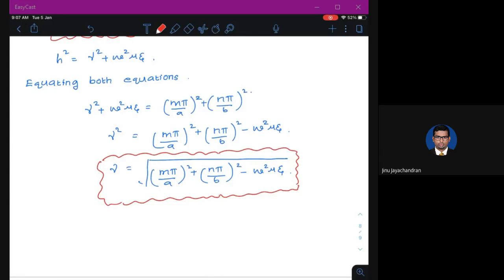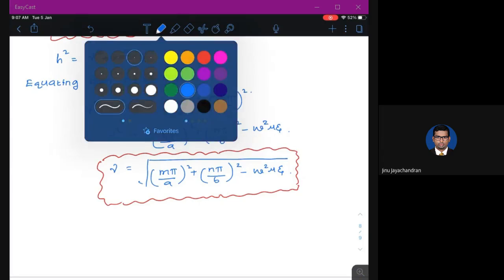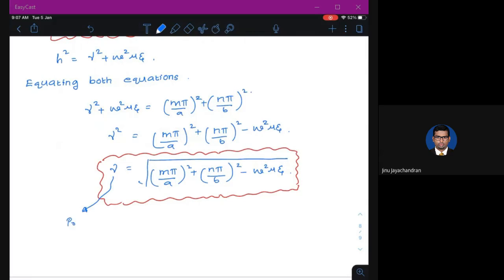Okay, so this gamma is actually the propagation constant, which we have already seen, which is equal to alpha plus j beta, where alpha is the attenuation constant, beta is the phase constant.